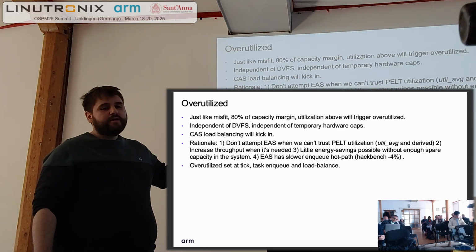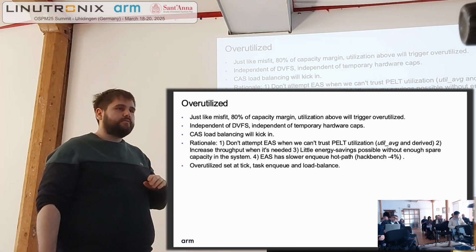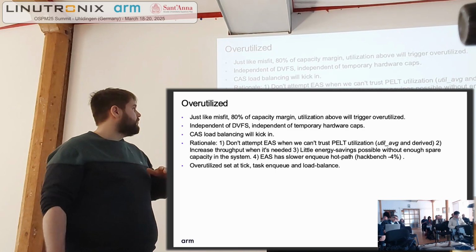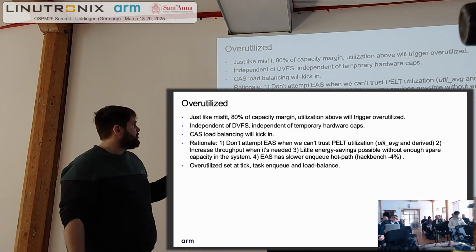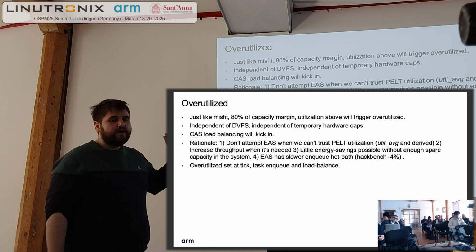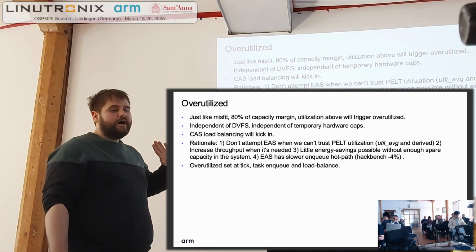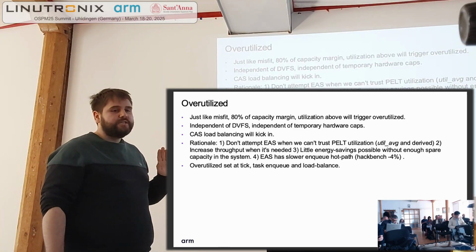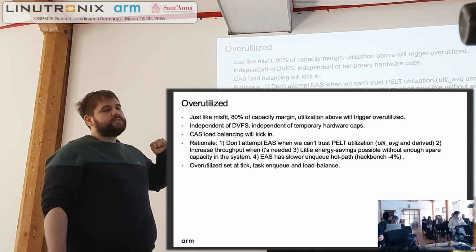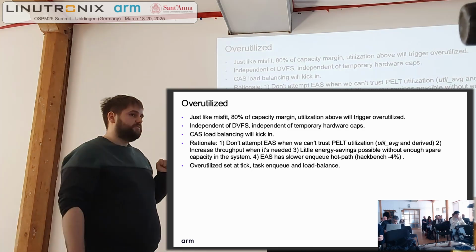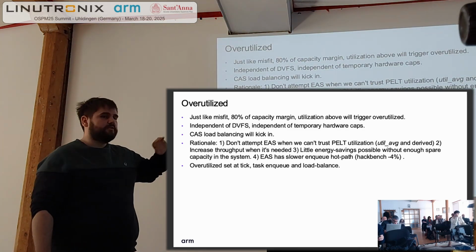We also ignore any temporary hardware caps like thermal limits or thermal throttling. This is just to keep in mind, because even now we don't really have a guarantee that our overutilized definition, if that isn't true now, doesn't necessarily mean we see idle time currently, just because of these artifacts essentially.